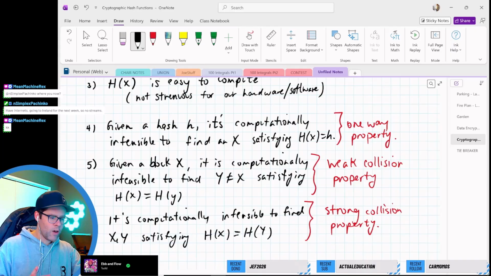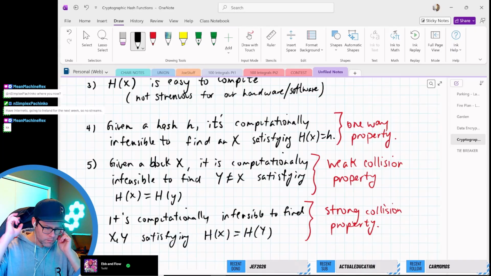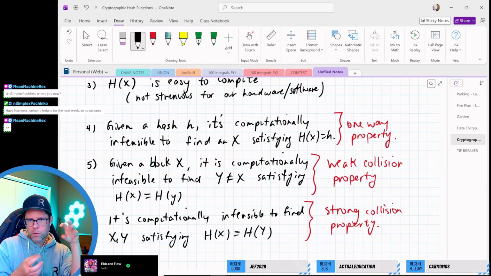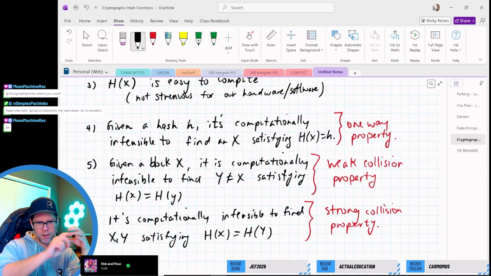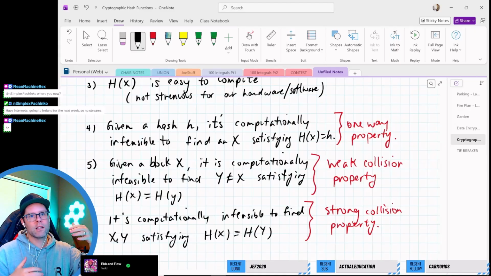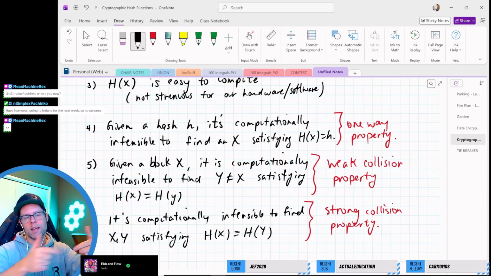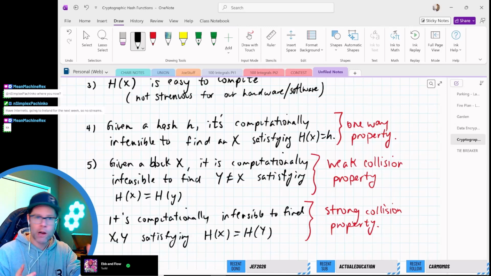But in general, you have this idea that even if I fix one of the inputs, and I maybe know what that output is on the other side, it's really hard to find another input that would gain me access to what's happening over on the other side. Or a stronger way to talk about this is, even if I just allow a computer to cycle through a bunch of different inputs, I'm not going to be able to find 2 inputs that give me the same hash output.